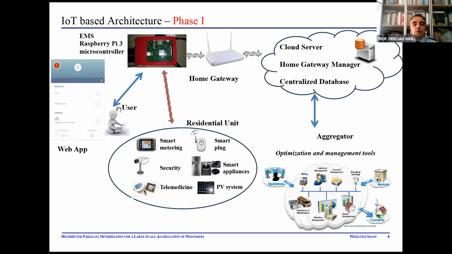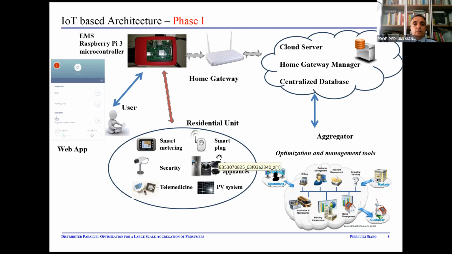The users or prosumers can connect to the energy management system by using a web app through the cloud. And there are some smart devices that are connected to the energy management system by means of wireless communication, mainly Z-Wave or Wi-Fi.